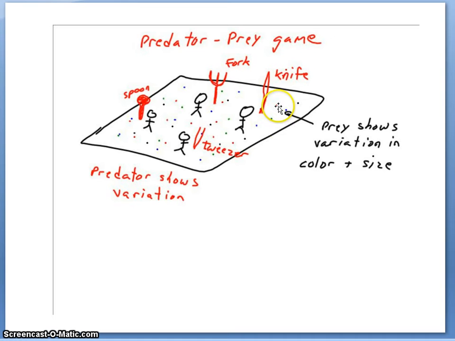And these were our prey capturing devices. So the fact that there were 4 different types means we were simulating the variation in the predator population. But remember, all of these individual predators are members of the same species, as are the seeds. Even though they show variation, they're members of the same species.